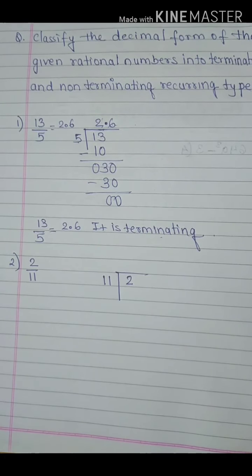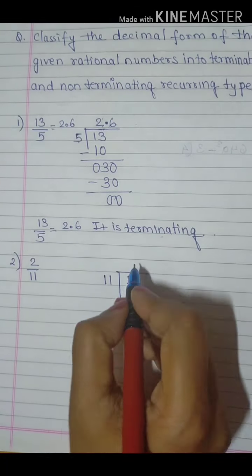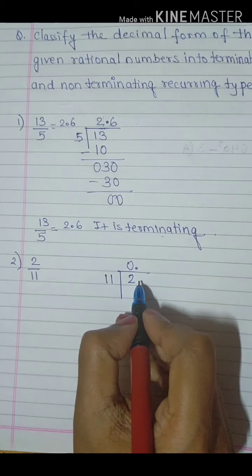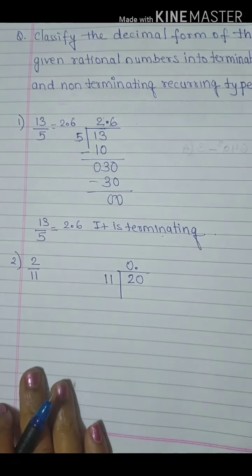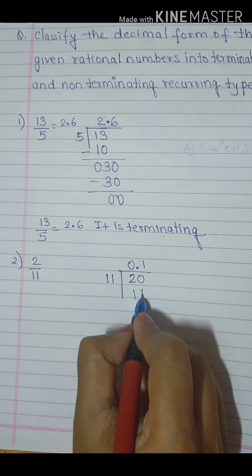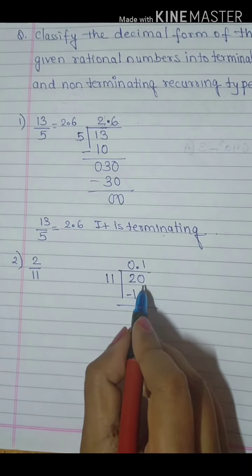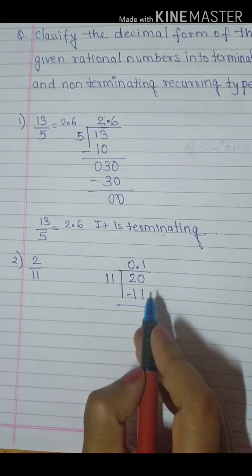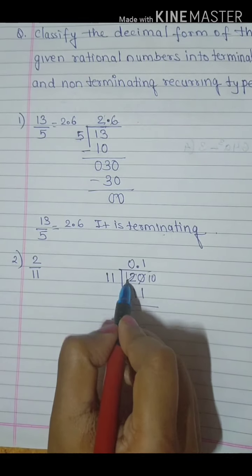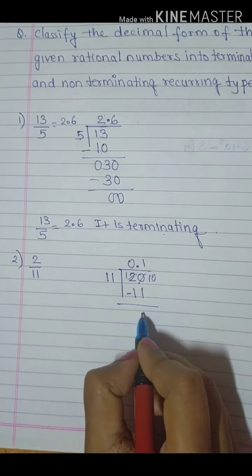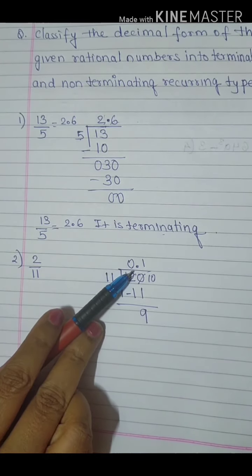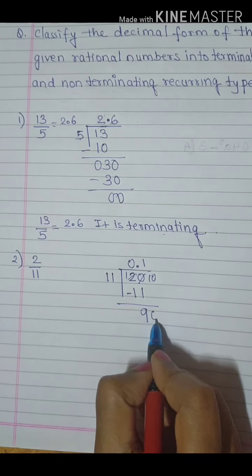So to get the answer we have to take 0 with decimal point, so that we can take 0 here. Now 11 ones are 11. Again here as you can see 0 is there, so it will become 10, and this will become 1. 10 minus 1 is 9. Already we have taken decimal point, so we can take 0 here again.